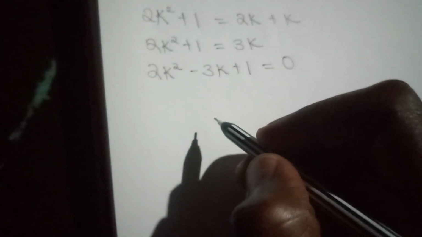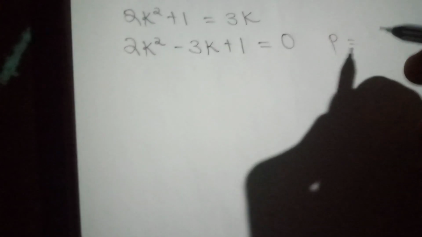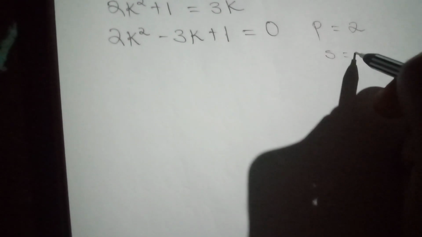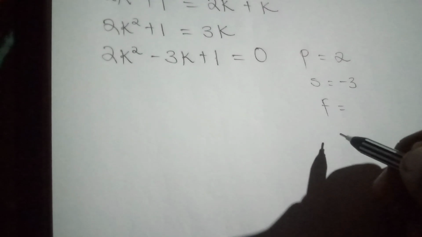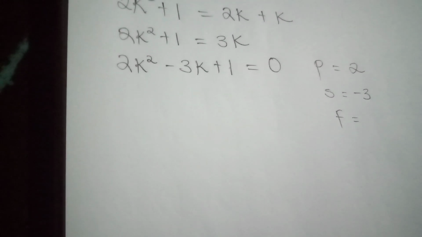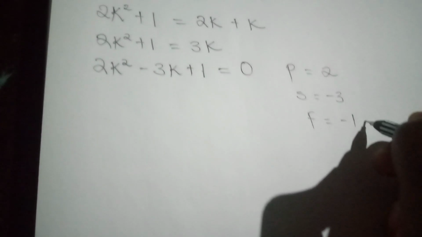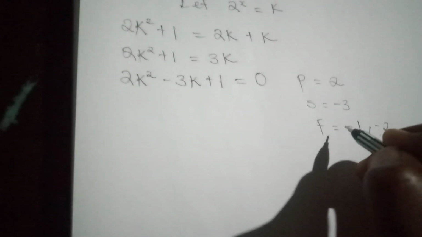So from there it's a quadratic equation. The product, which is positive 2, is 2 times 1, and the sum is negative 3. Factors are numbers that when you multiply and add give you the product and the sum. So you are adding negative 1 and negative 2. When you multiply you're getting positive 2, when you add, negative 3.